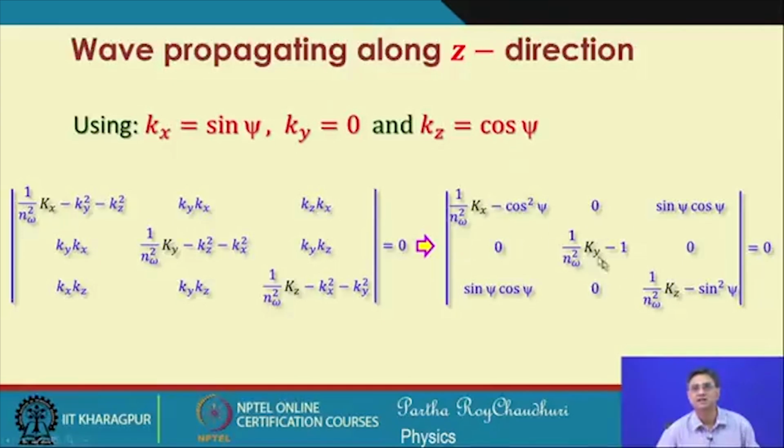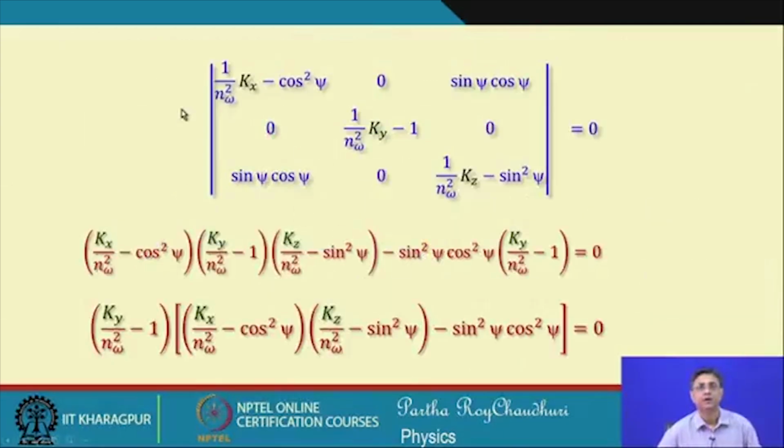You can see that the diagonal elements are almost symmetric, this x x component and z z component, they are the same, but this y y component is slightly different, because this k z and k x they are having the values, whereas k y is 0.